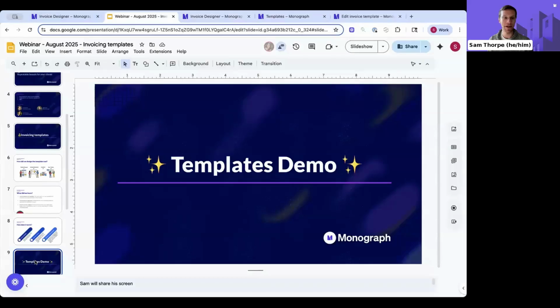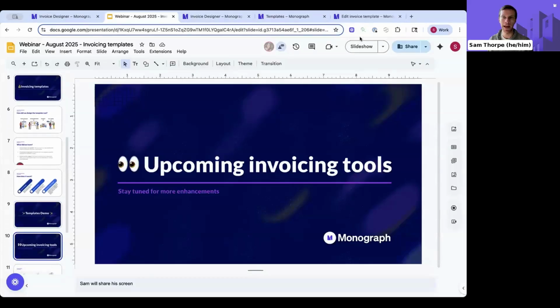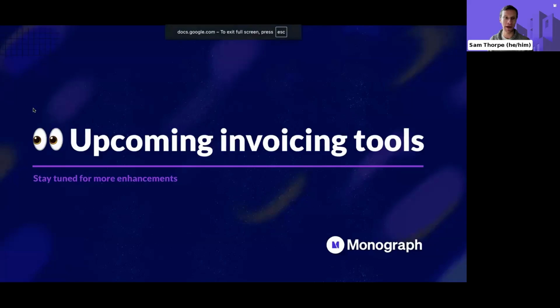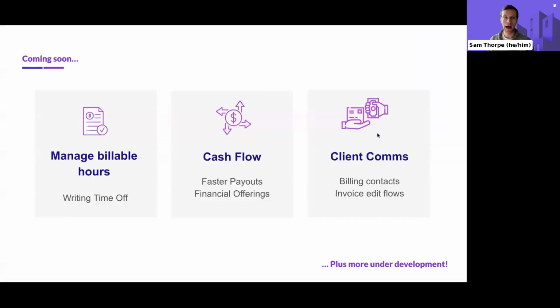Let's go back into the presentation. I'm going to go ahead and give a quick preview, before we hop back into our Q&A, about what we have coming up for invoicing. Coming soon, we've got a really hot feature that I know many of you will be very excited about. Currently, the billable hours experience is pretty fixed.